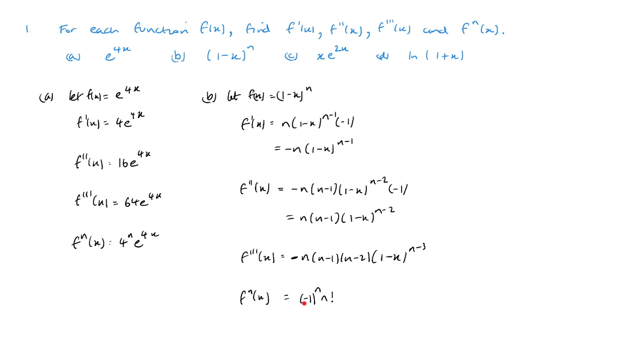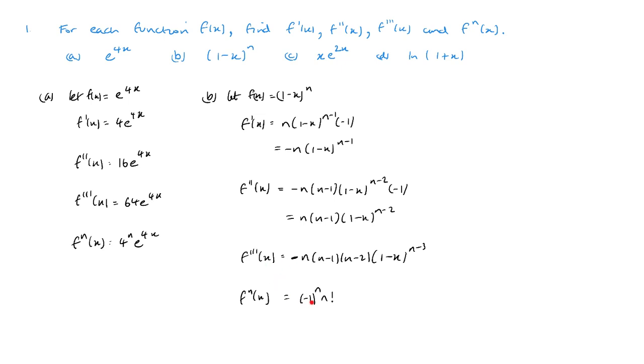Let's check it. So when we're looking at n being 1, that works because when n is positive, then this will be positive. So if n is 2, this will be plus 1, and when n is 3, this will be minus 1. When n is 4, it will be plus 1.